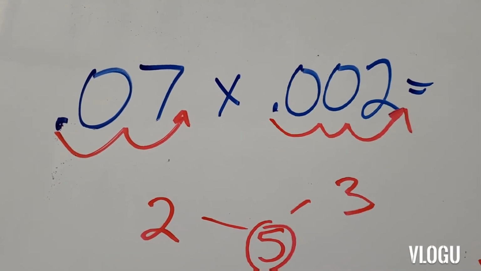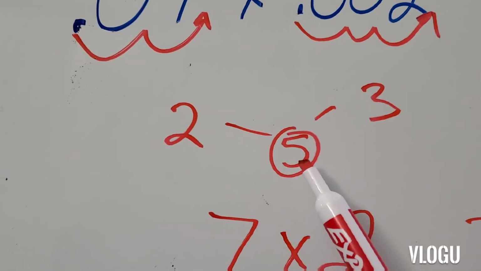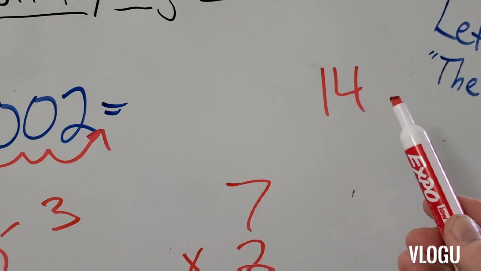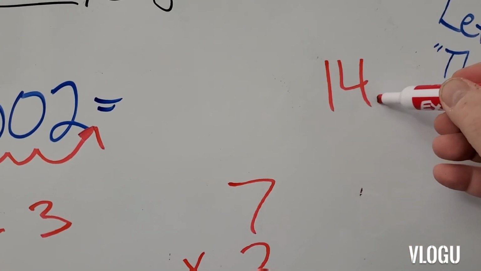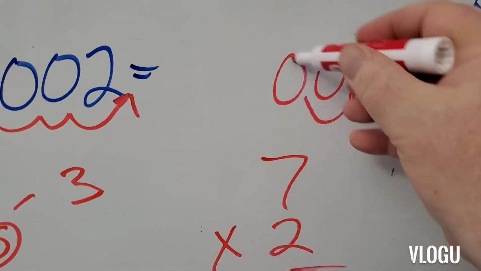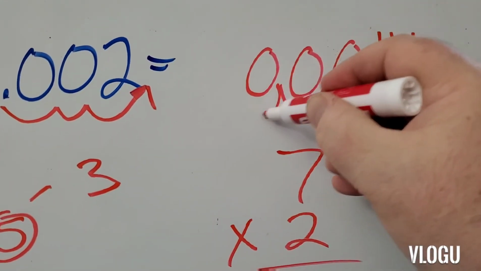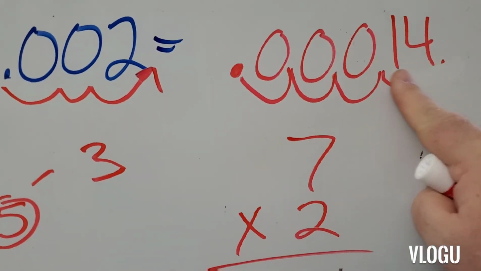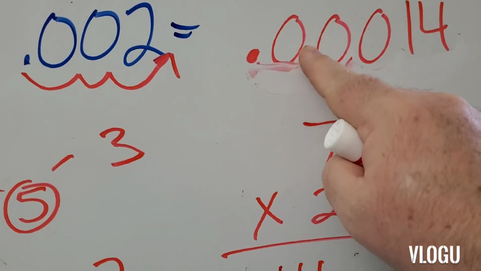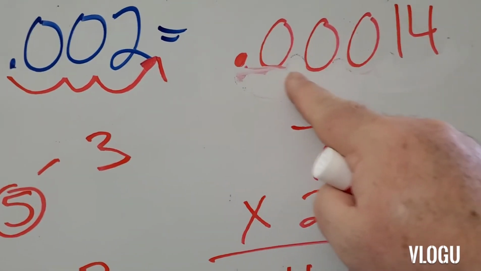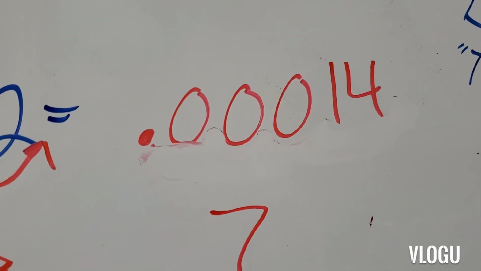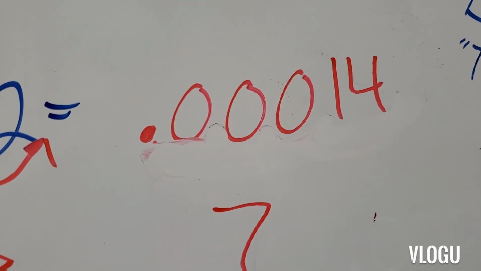So to fix it, the 5 spaces that I blooped my decimal out, I've got to bloop it back 5 spaces. 1, 2, 3, 4, 5. Decimal lives there. My answer, if it looks a little cleaner, 0.00014.